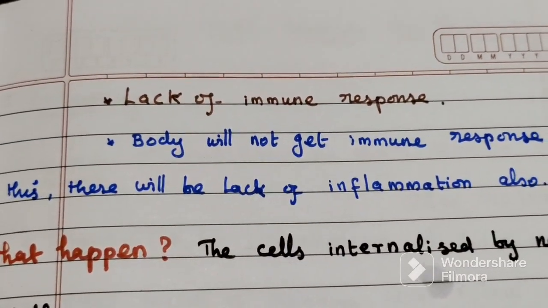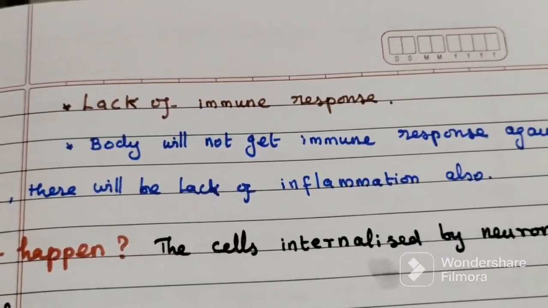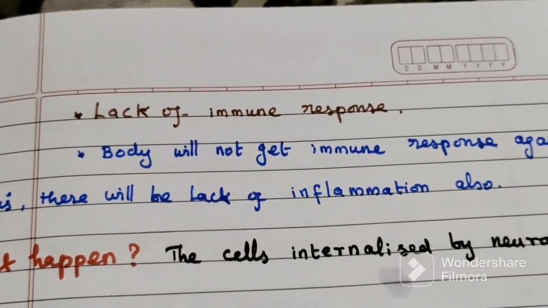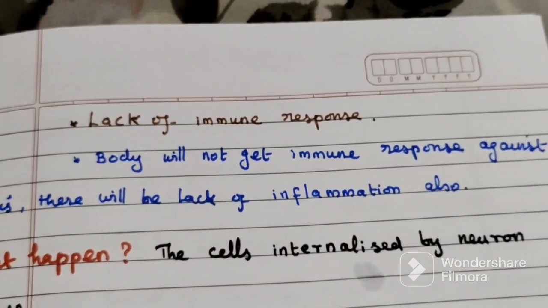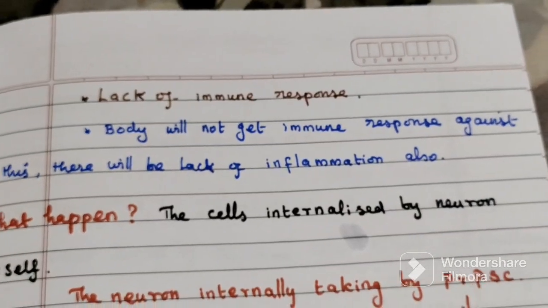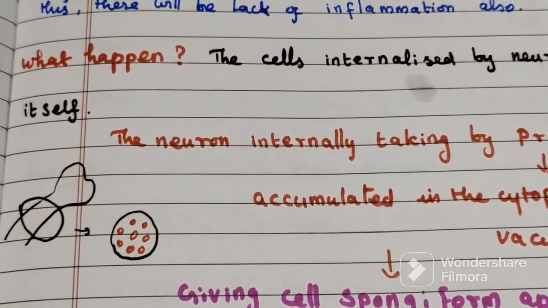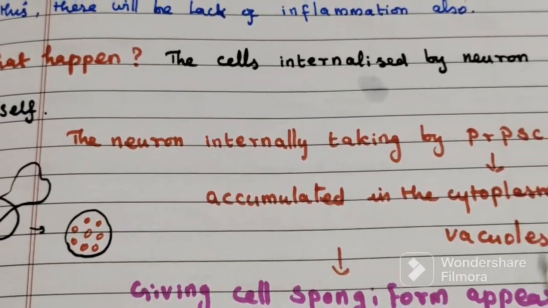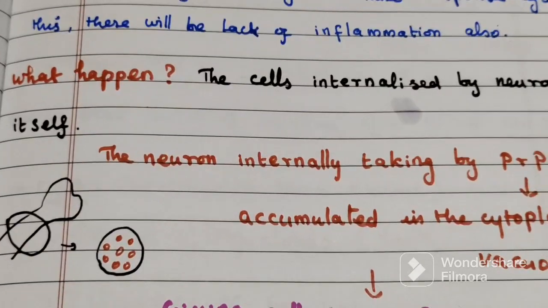Basically there is a lack of immune response. It comes under the heading of slow virus. The body will not mount an immune response against this, and there will be a lack of inflammation also. Now what happens?